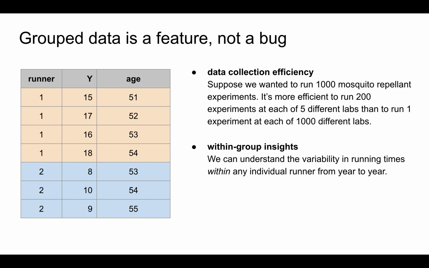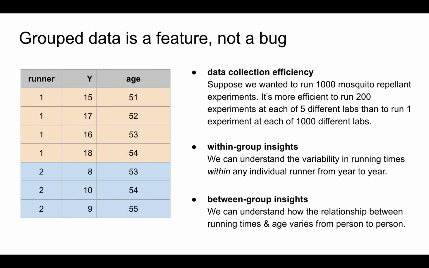Second, grouped data provides within-group insights, that is, insights into the variability within each group. Consider a running example. By observing each runner across the span of several years, we not only get a sense of the general relationship between running time and age, but the degree to which running times within any individual can vary from year to year.